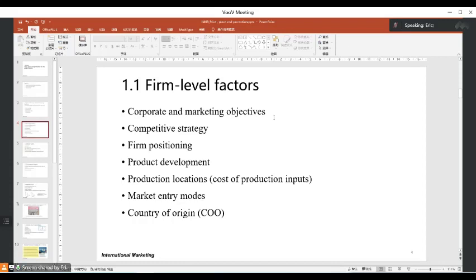And also in the marketing STP strategies, you should consider the positioning. If you want to construct a luxury brand, you cannot set a low price.